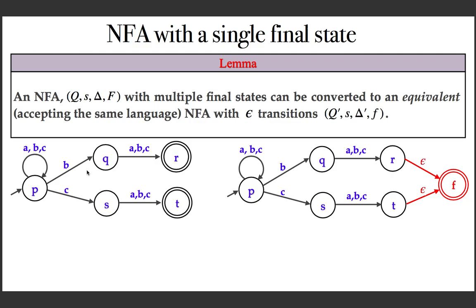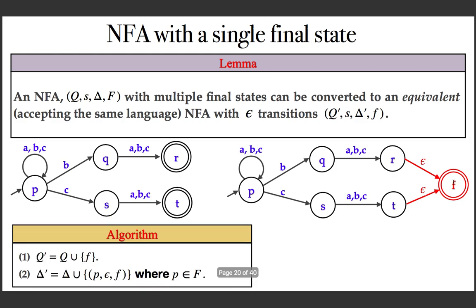So suppose this NFA is accepting by ending in R. This NFA can accept the same string by ending in F by taking the epsilon transition. Similarly from T as well. Formally, what we did is we added a single new state to the existing set of states and made it the only final state.